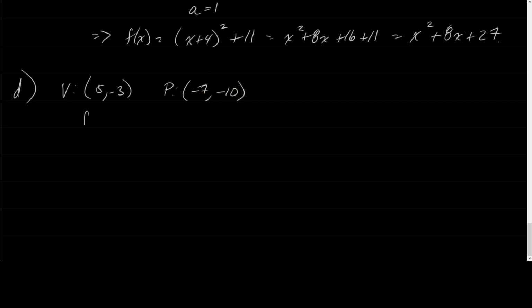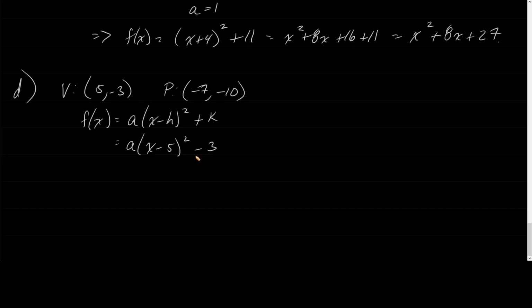We know that the vertex form of a parabola is a times x minus h squared plus k, and in this case it will be a times x minus 5 squared, there we go, this is h, k is -3, right, because k is -3.